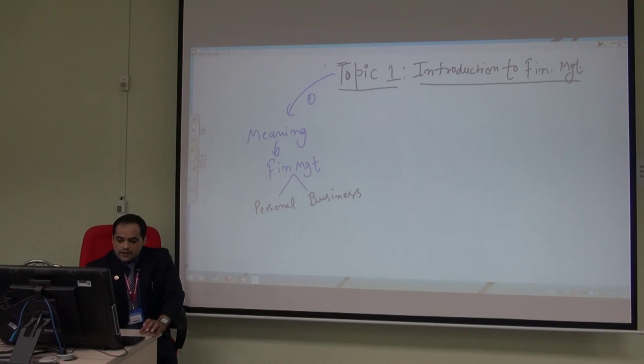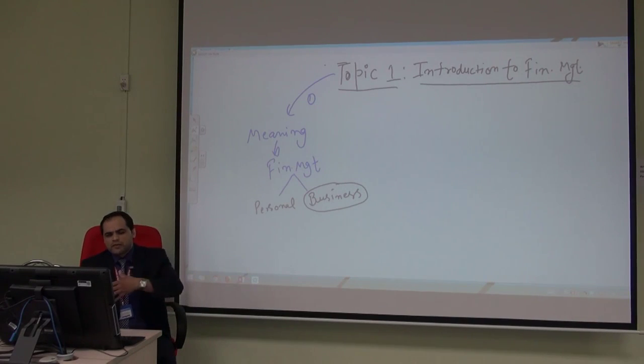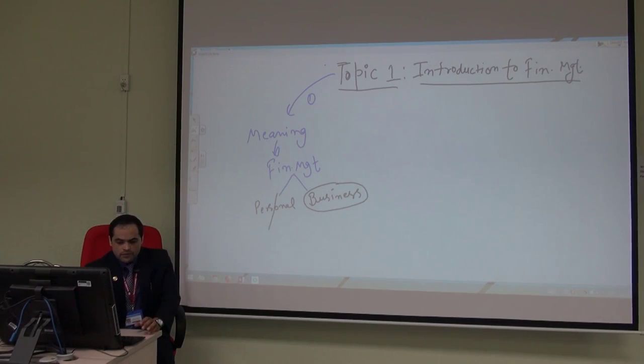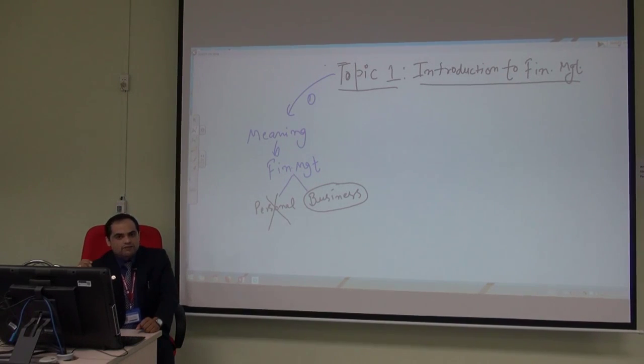Here we're going to focus more on the business context. Because for personal finance, you're probably going to have other modules where you learn about personal financial management, how people arrange their personal finance and insurance and medical expenses and all that. So here we're not going to talk about personal financial management. We focus more on business financial management.